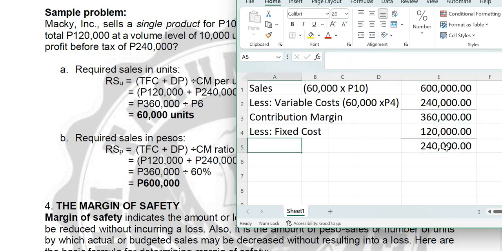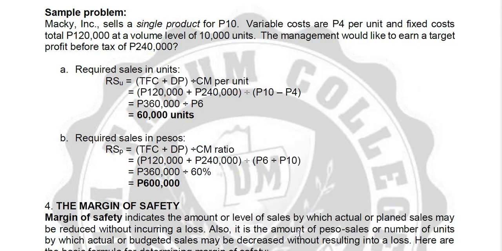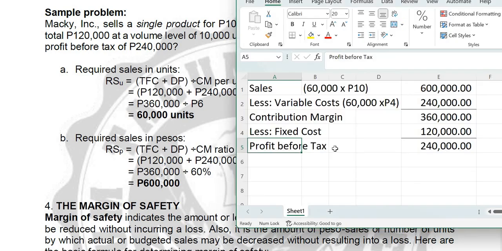So, this is your profit pero before tax. So, ibig sabihin, tama yung na-compute nating number of units. Kasi at 60,000, looking at this income statement under direct costing, meron tayong profit before tax na 240,000.